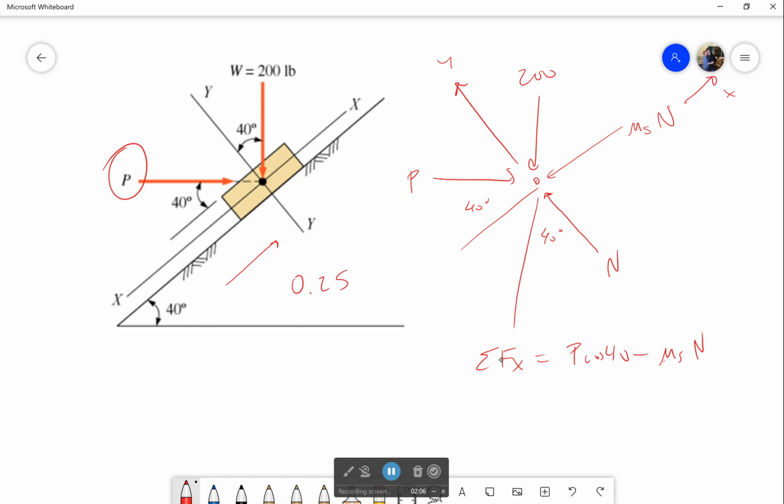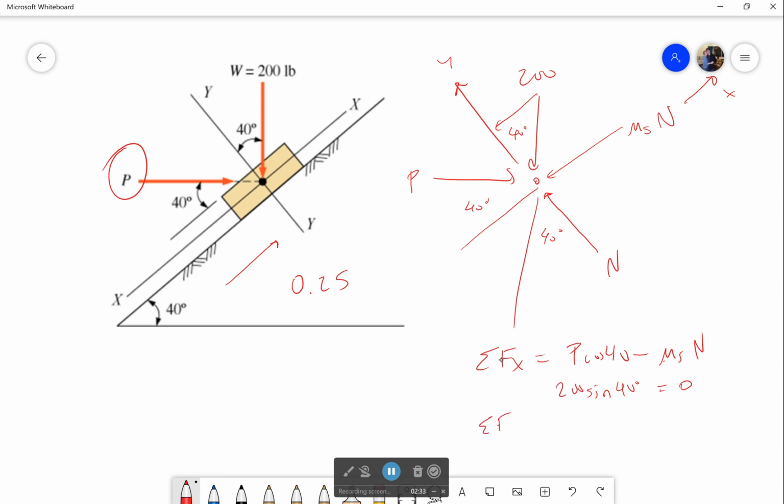But I did forget one more force. My 200-pound weight is also going to have a component that's in the x direction. So it would be this component that's opposite of our hypotenuse. So we also have weight sine of 40 degrees. Okay, all that's equal to 0.